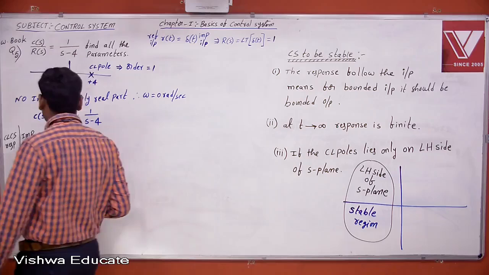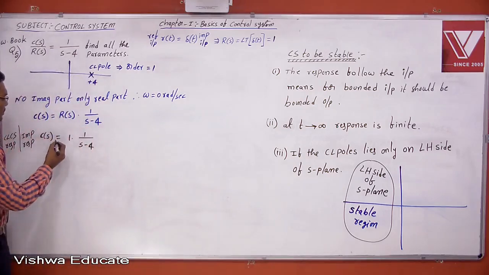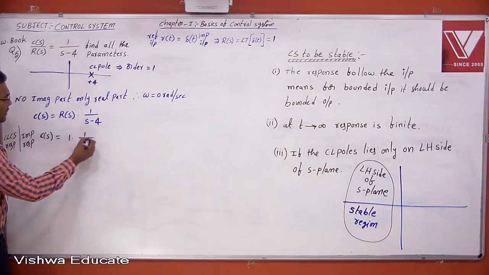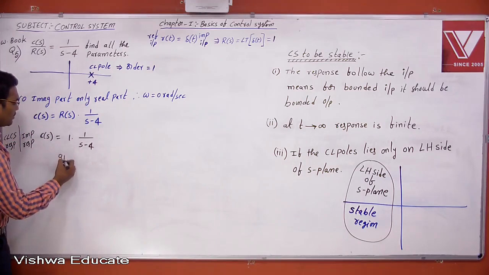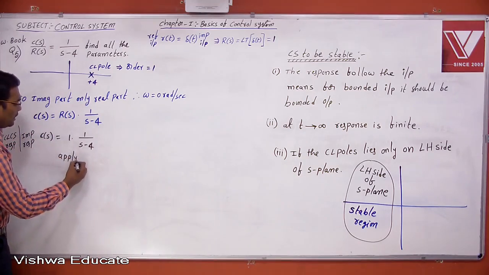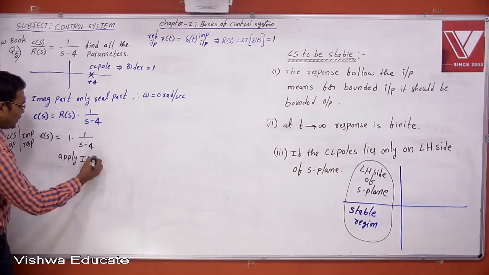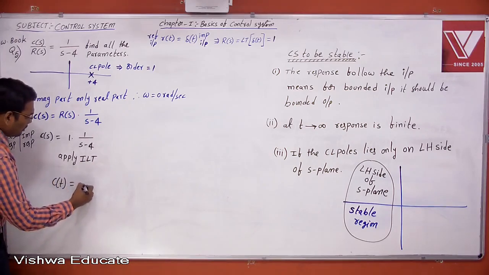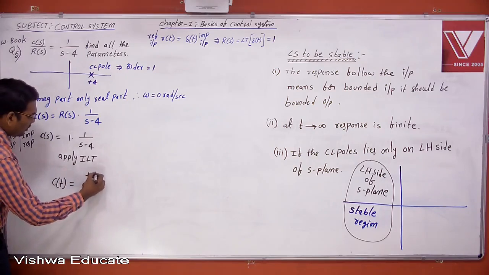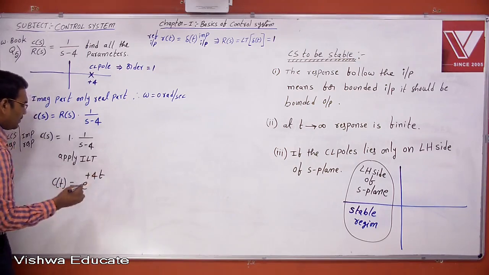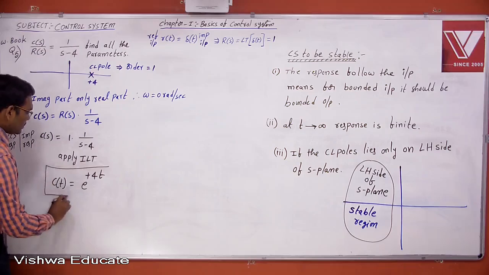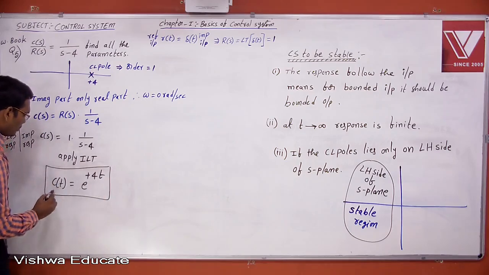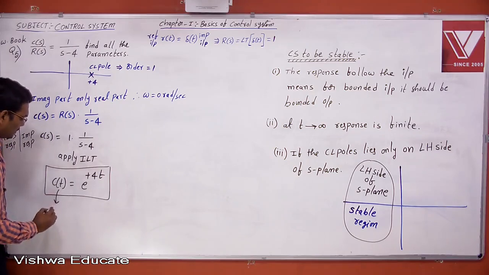So C(s) = 1 times 1/(s-4). Then I want the response in the time domain, so apply the inverse Laplace transformation. Therefore, c(t) = e^(4t). This is the closed loop control system response, or impulse response, in the time domain.